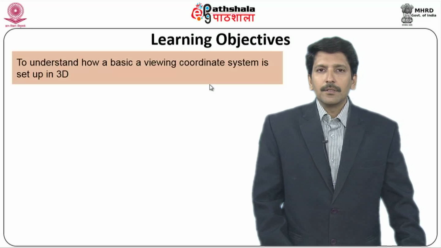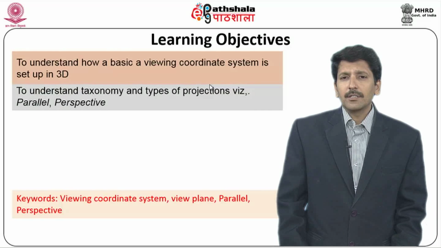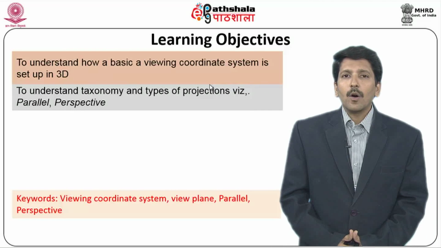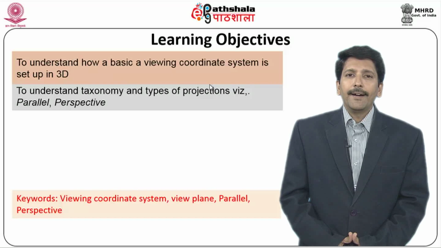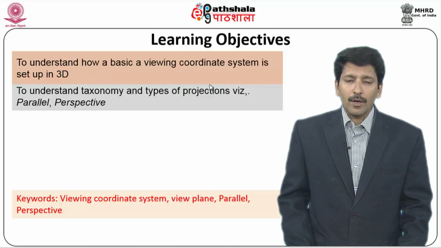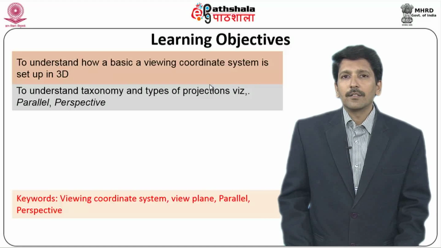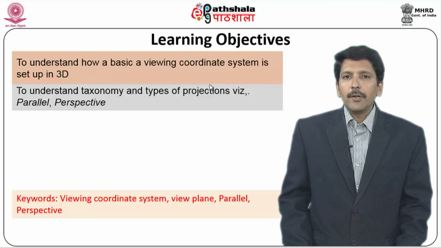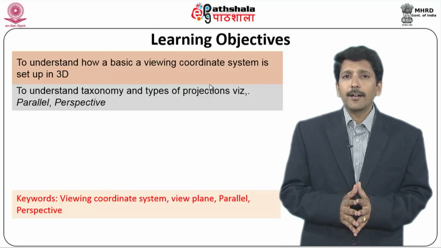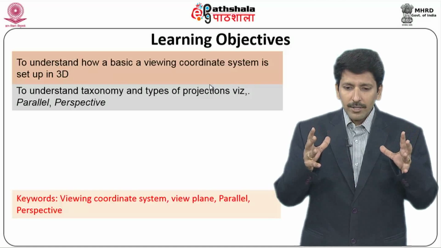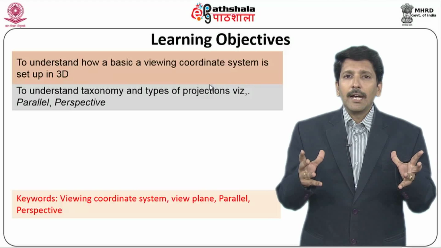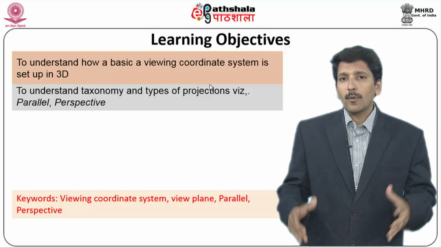The objective for today's session is how we set up a coordinate system in 3D, and that coordinate system is the viewing coordinate system. We call it that because in 3D all three dimensions are there, and we need to identify a position, an orientation, and the set of objects that are required to be captured.